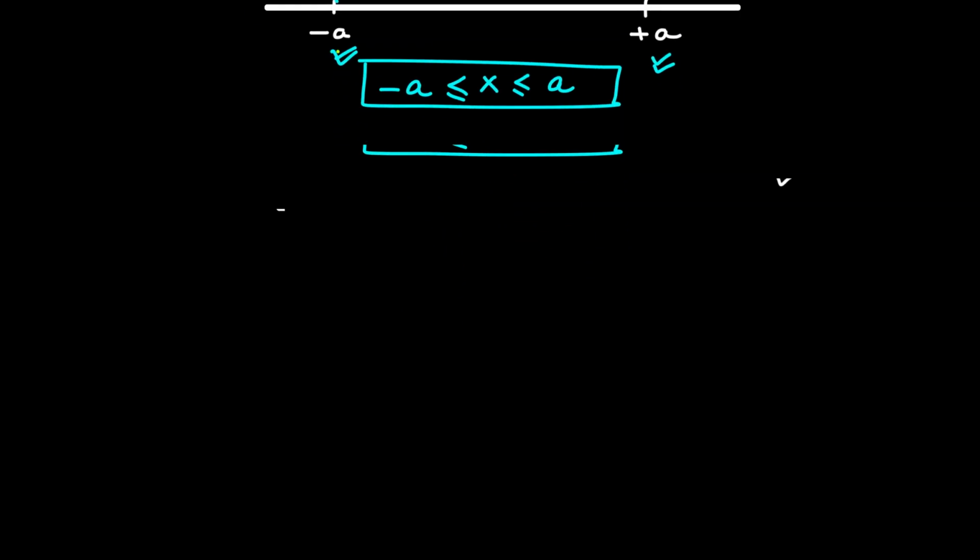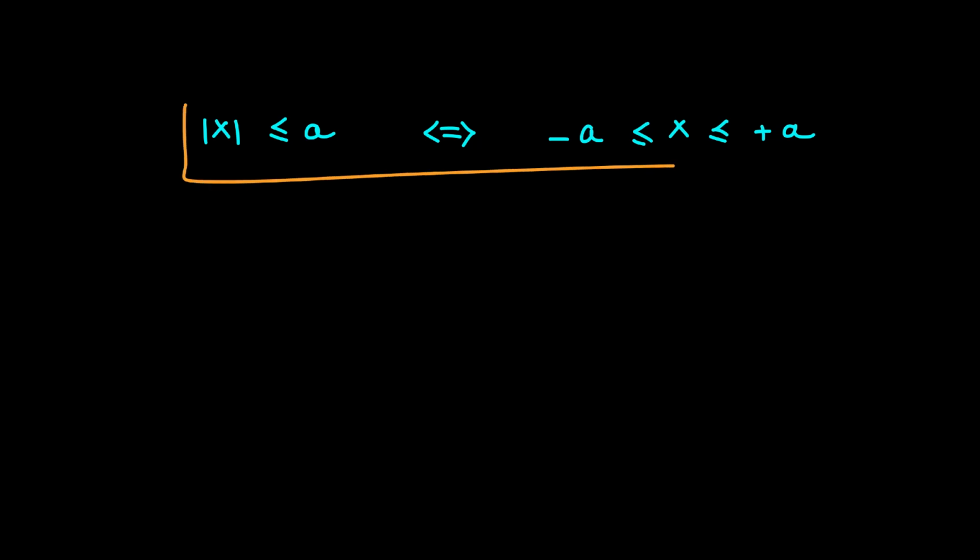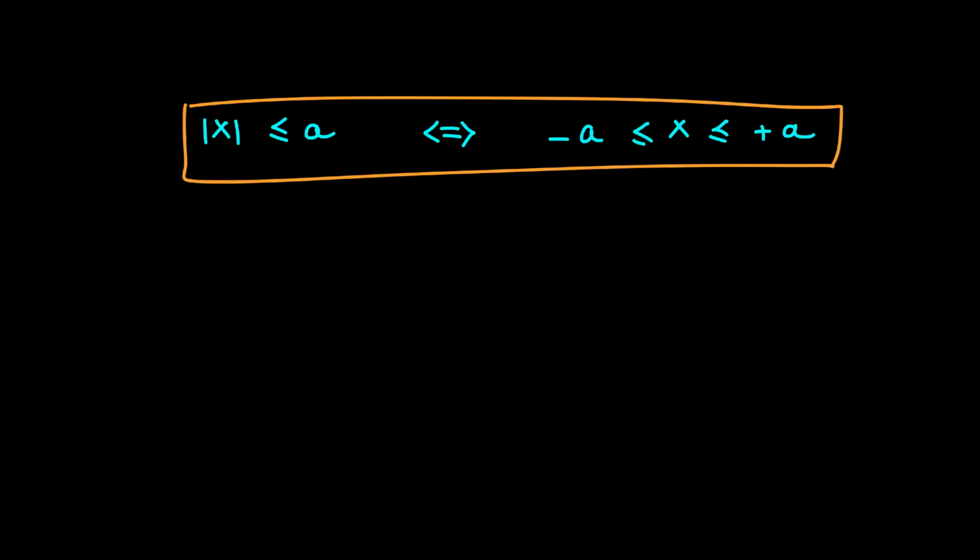That means whenever we have the inequality x modulus less than or equal to a, it will be converted into x lying between two values, negative a and positive a. So this is a hard and fast rule that we will be applying.